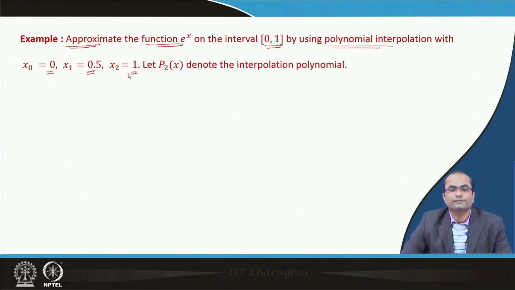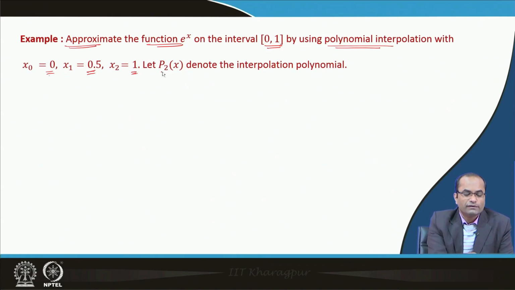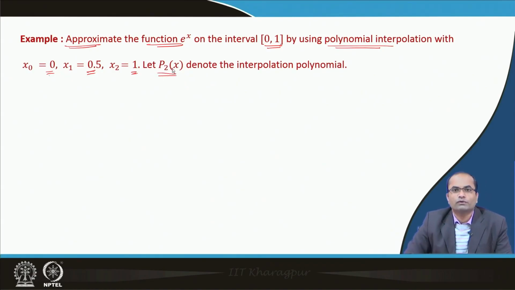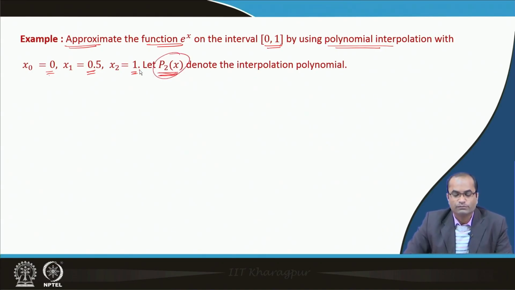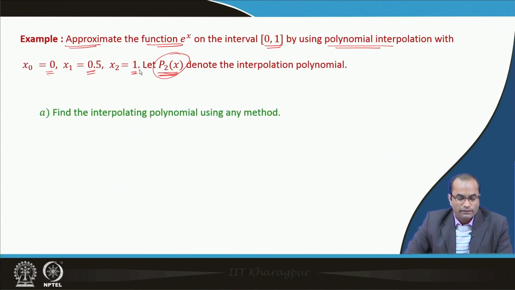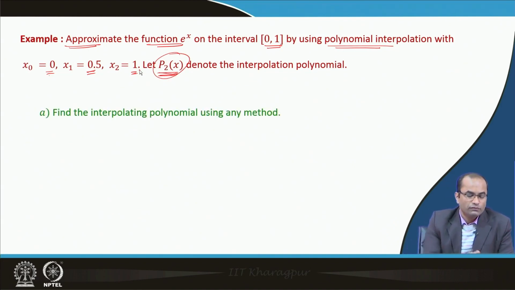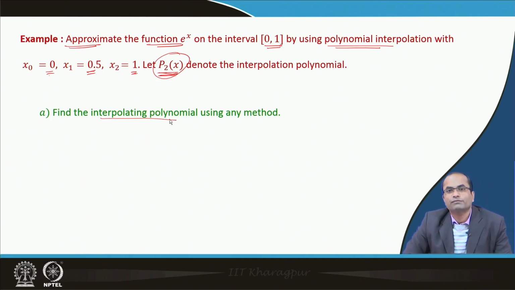Only these three values we will use, and naturally if we have 3 values, we can construct a polynomial of degree 2 or less. So, in this case we will get a polynomial of degree 2. If we denote by P 2 this interpolating polynomial, then we want to compute what this interpolating polynomial is. First, the usual, what we have already done in several examples.